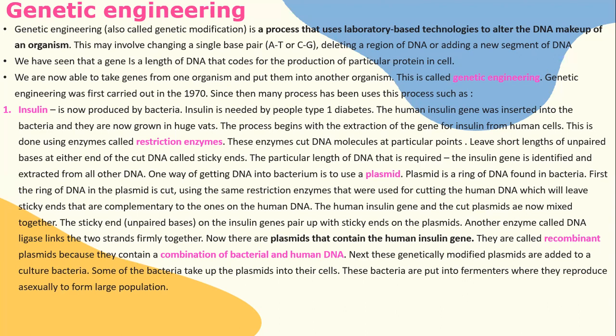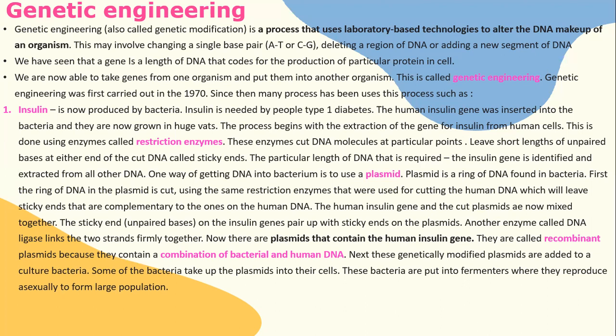One way of getting DNA into bacteria is to use a plasmid. A plasmid is a ring of DNA found in bacteria. First, the ring of DNA in the plasmid is cut using the same restriction enzyme that we used for cutting the human DNA, which will leave sticky ends that are complementary to those of the human DNA.